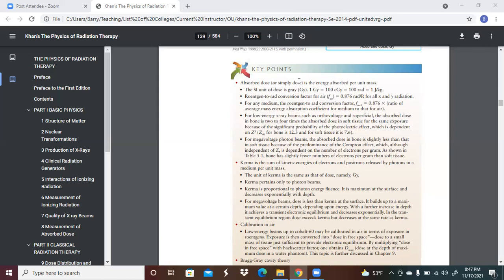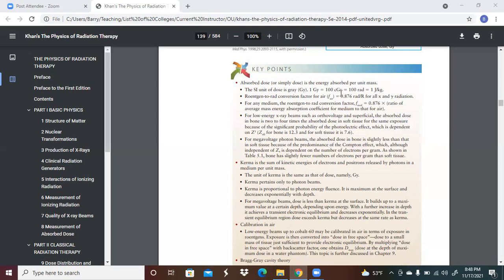Now we're going to be looking at what happens when that charge gets released inside a thicker substance. So we're looking at absorbed dose, defined as the energy absorbed per unit mass. That's also an SI unit, referred to as the gray.